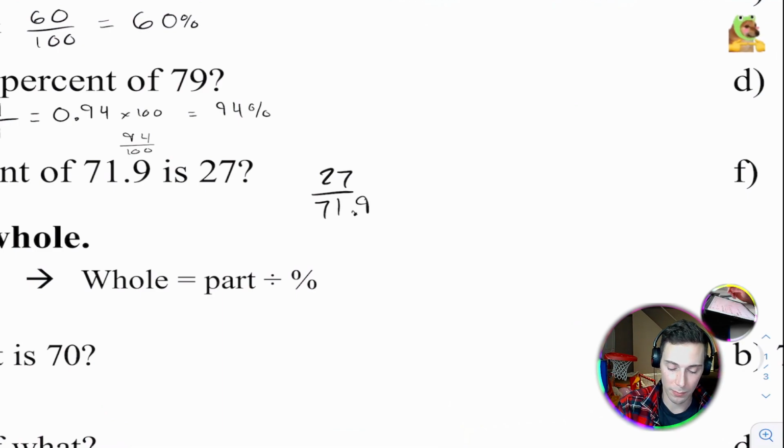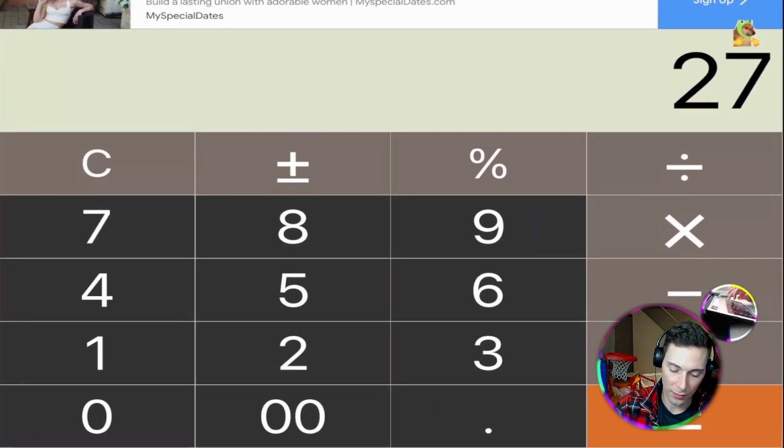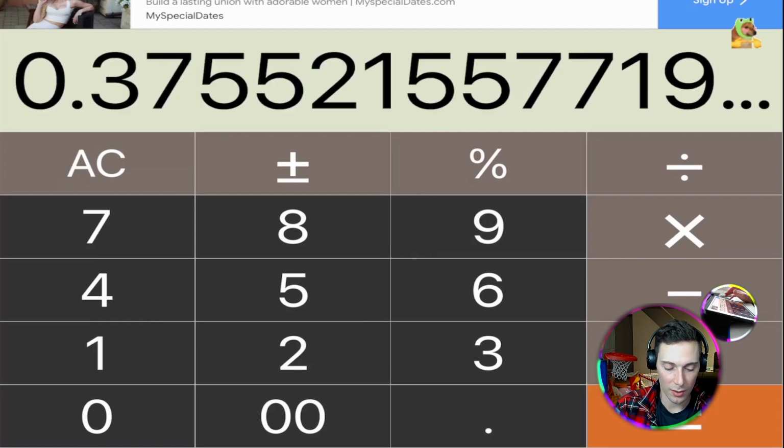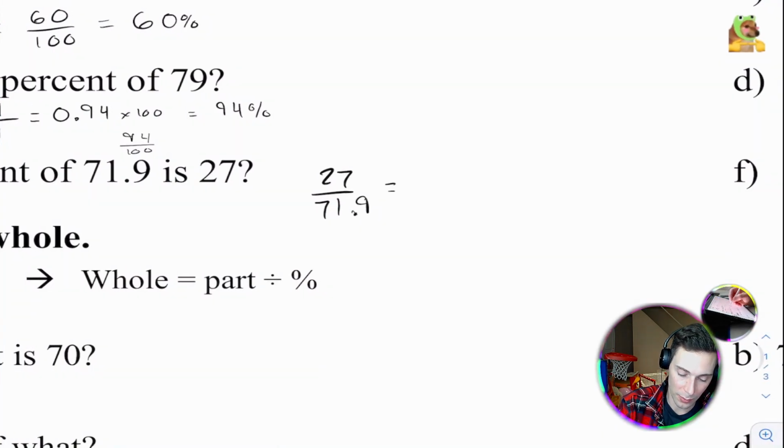That's a weird one. 27 divided by 71.9 equals 0.375. I'm choosing to keep the thousandth place value because we already have a decimal number here.